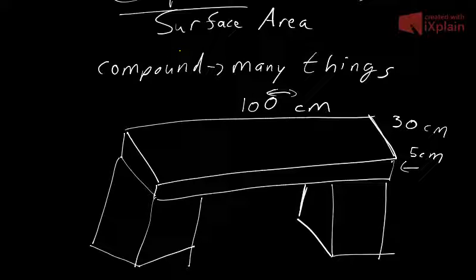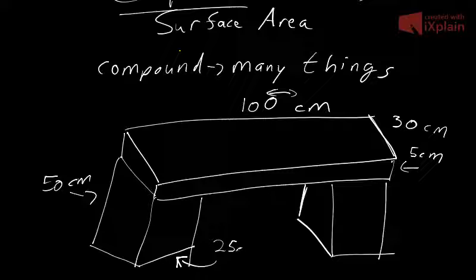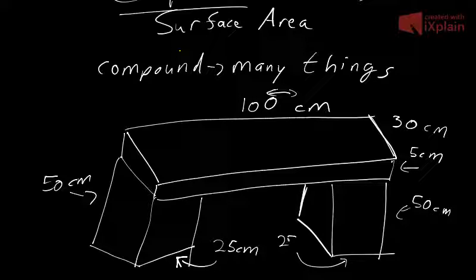And then I've got these two legs where all the drawers go, and the height of these is probably going to be about 50 centimeters. And let's see, I also need the width here, which would be 25 centimeters. And same thing goes on this side, 50 centimeters, 25 centimeters. So finding the volume is going to be fairly simple.